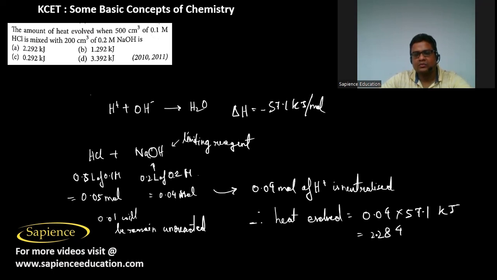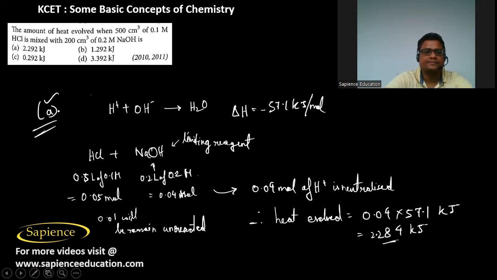So it will be 2.284 kilojoule, which is close to 2.292, I can say. So option A is the correct answer.